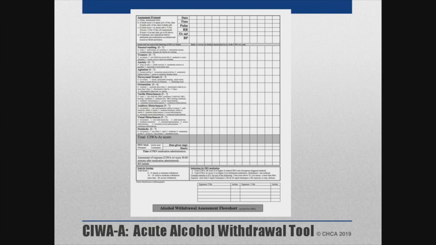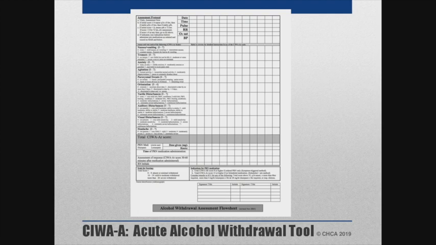This is an example of what the CIWA looks like. You can see the top areas where we can record vital signs and continue to monitor that. The middle part is where you can see the different types of withdrawal symptoms. They are recorded on a Likert scale from 0, not experiencing any of the symptoms, for example nausea and vomiting, to 7, experiencing quite extensive nausea and vomiting.